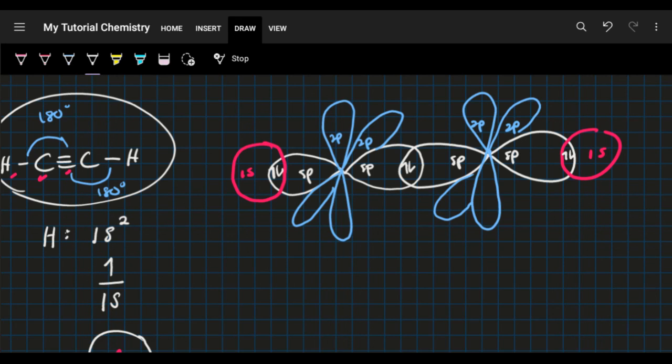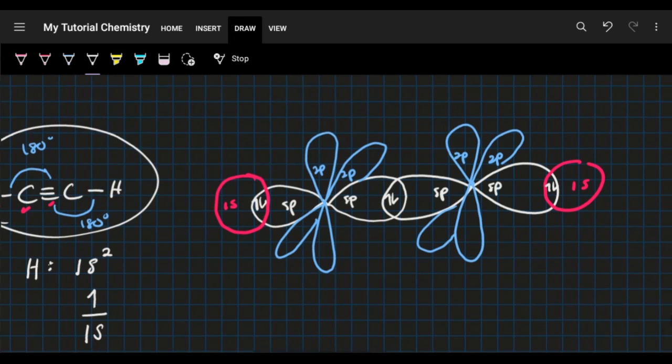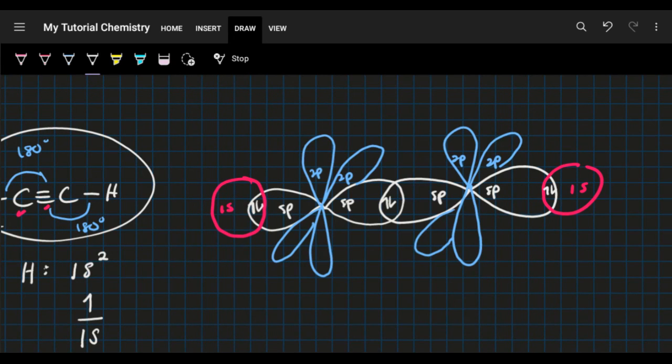How about the 2p? The 2p orbitals will form sideway overlapping. The first 2p orbital combines with the first 2p orbital, and the second combines with the second. So we draw a line at the top orbital and at the bottom orbital.